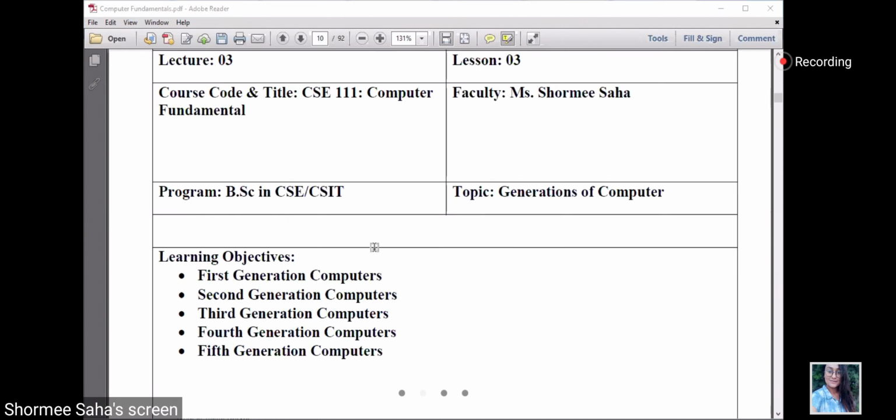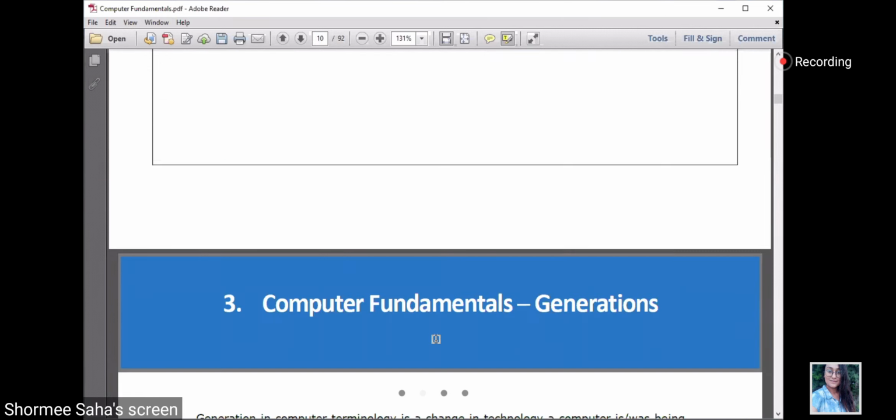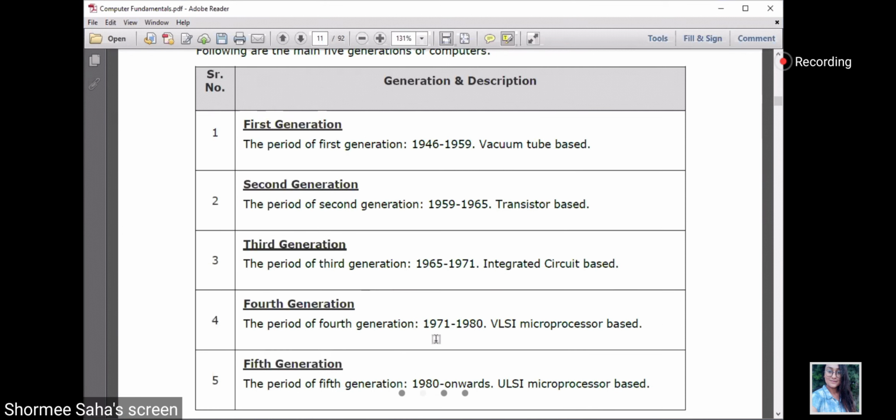Okay, so the next thing we are having here is the generations of computer. So how computer was first developed, then what are the generations that computer went through till now. Generally, we'll be talking about the 5 generations of computers.